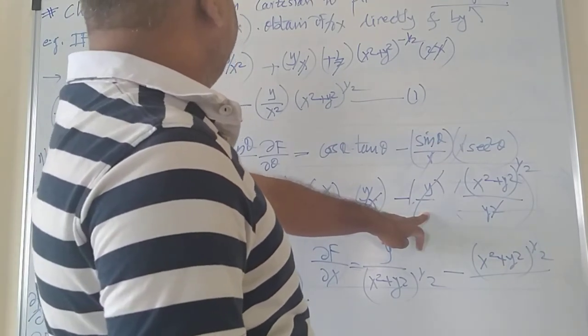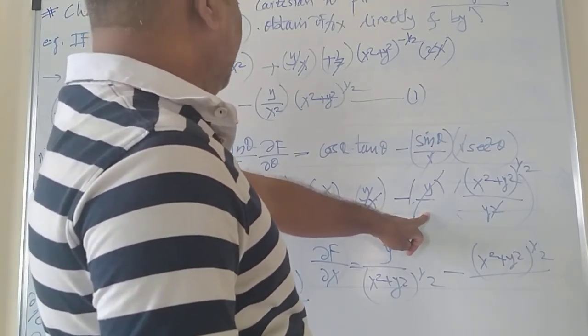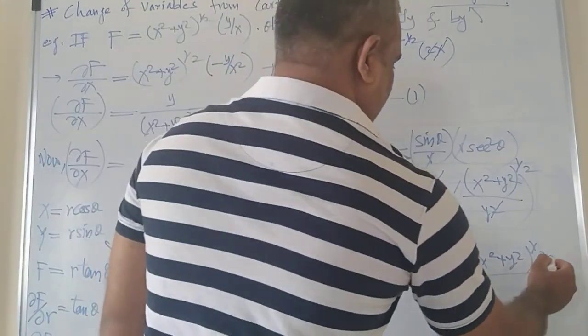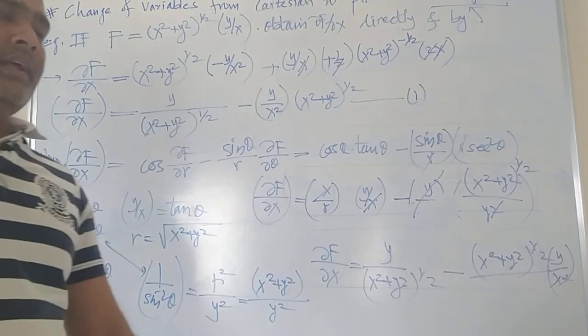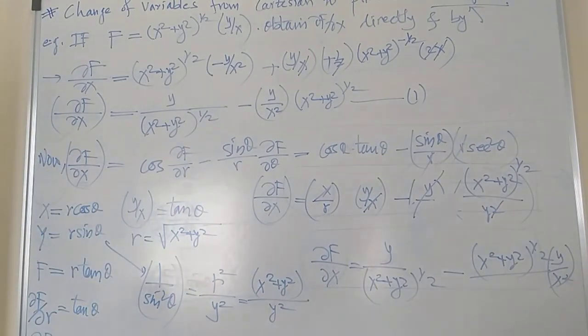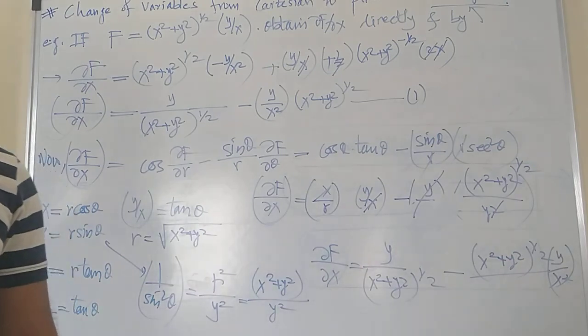You must get here y by x square. We made some mistake somewhere here. You can check it later on. So this is the solution of the problem. Got it?